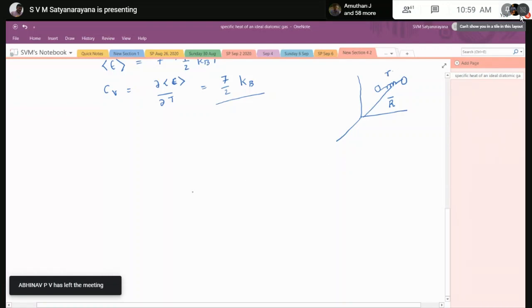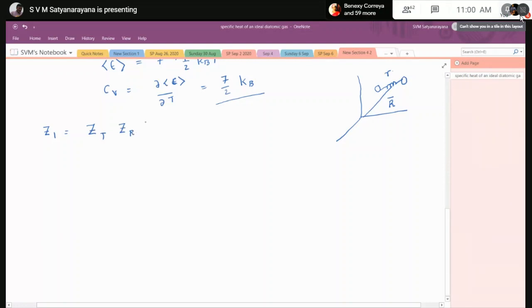So you can write down your partition function, just like we have seen that the partition function can be written as a product of partition functions for each one of the molecules. We can also write down Z1 itself as the partition function for translation multiplied by the partition function for rotational degrees of freedom multiplied by the partition function for vibrational degrees.